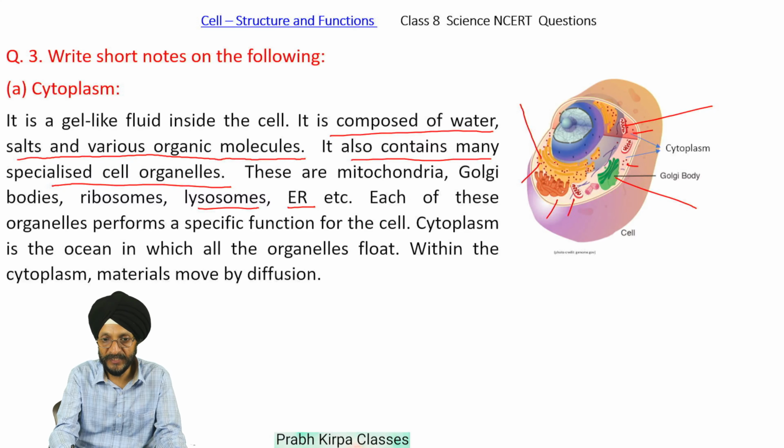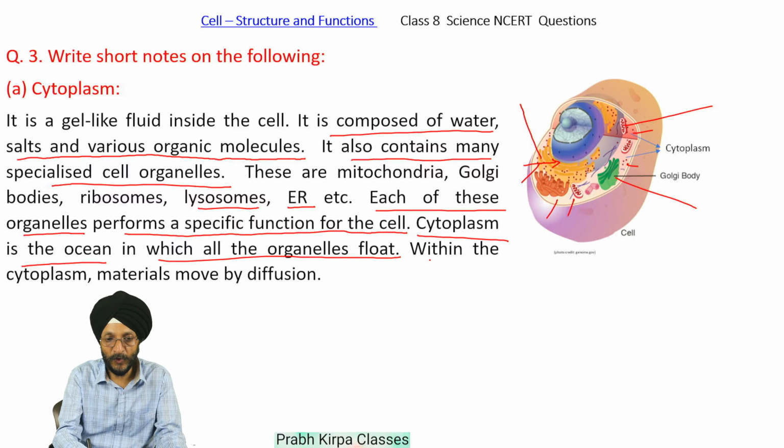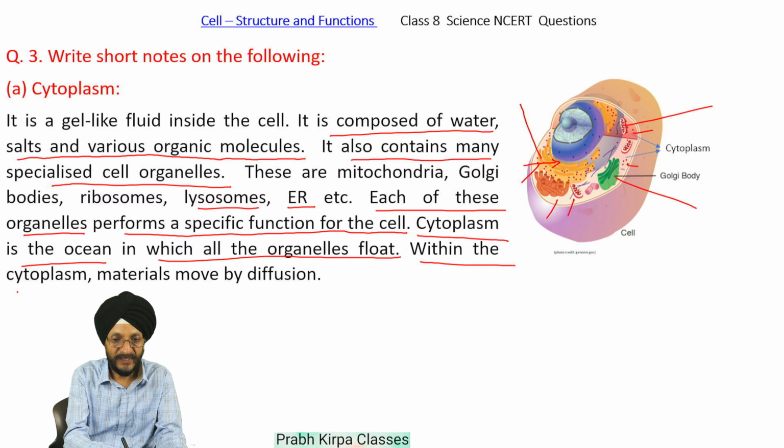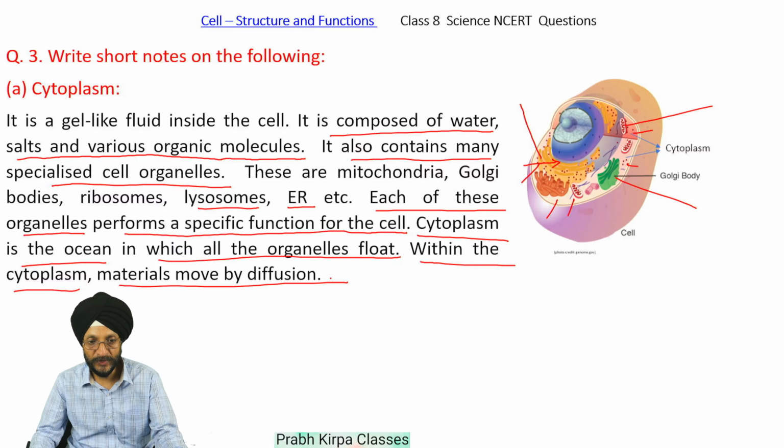This is the endoplasmic reticulum on which ribosomes are attached. Each of these organelles, that is mitochondria, Golgi body, ribosomes, performs a specific function for the cell. Cytoplasm is the ocean in which all the organelles float. Within the cytoplasm, materials move by diffusion.